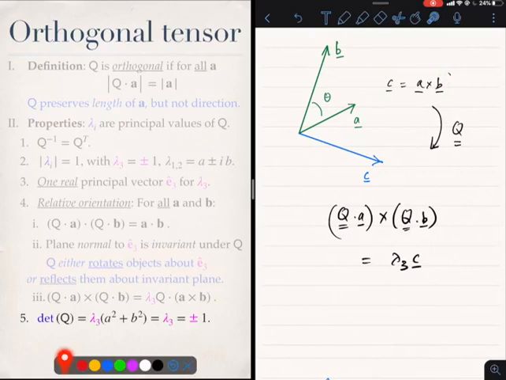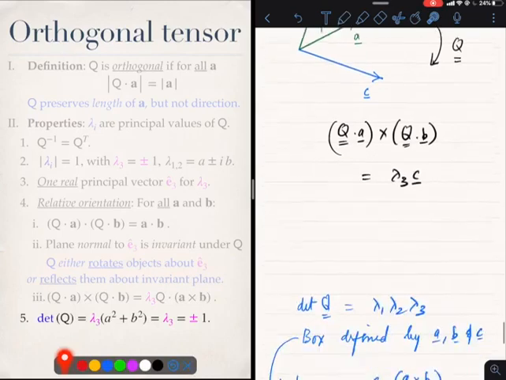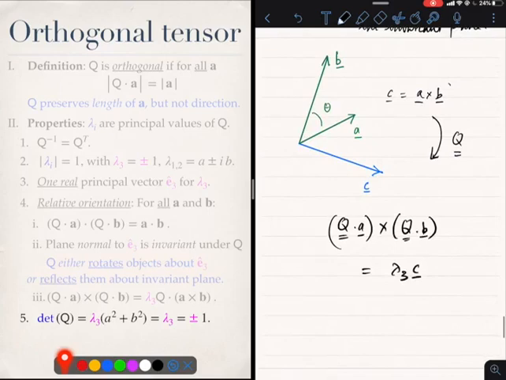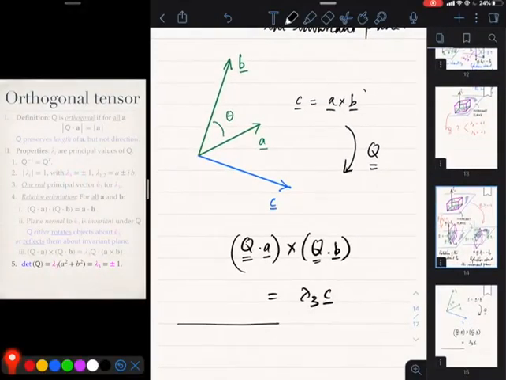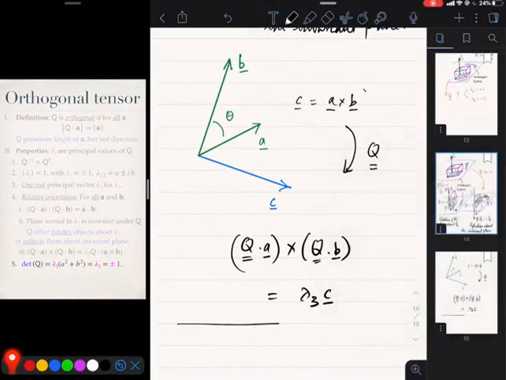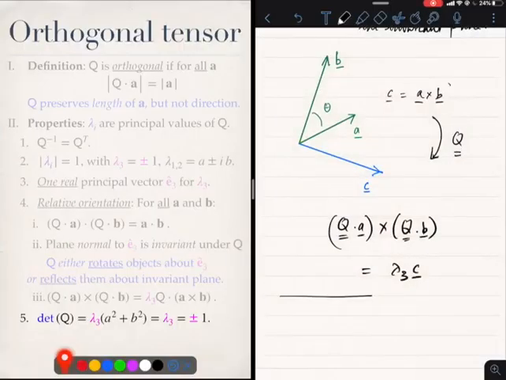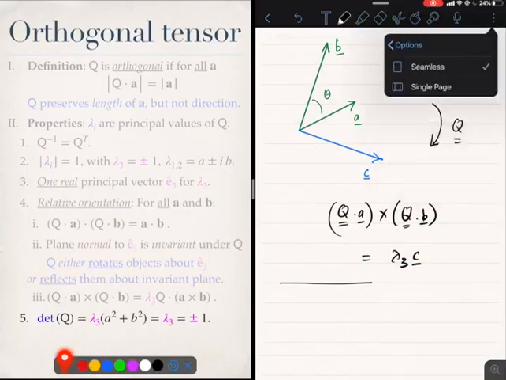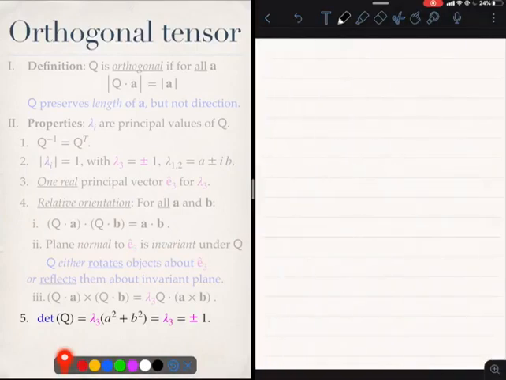Okay, finally the determinant of an orthogonal tensor. We have seen earlier that the determinant of any tensor is the product of the eigenvalues.